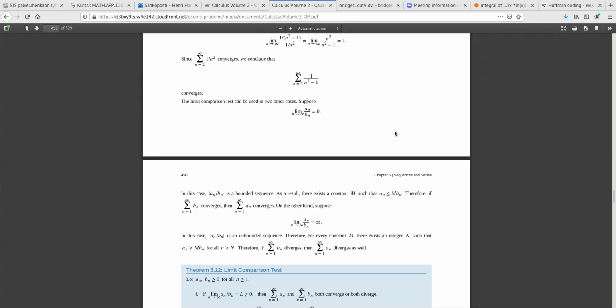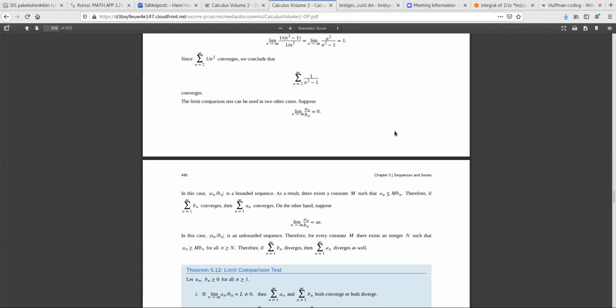As a result, we can write that a_n is smaller than M times b_n from some point onwards. So if b_n converges, then a_n converges. On the other hand, if a_n over b_n goes to infinity, then if b diverges, a_n diverges as well.